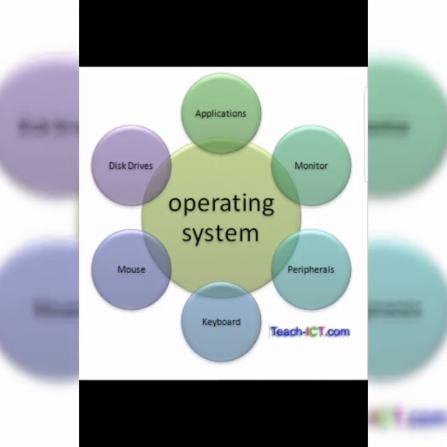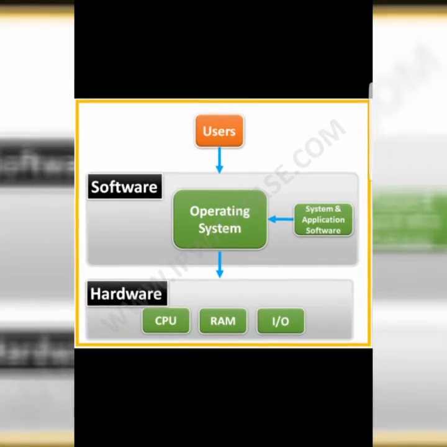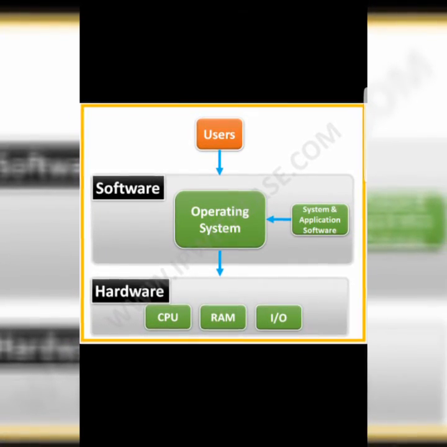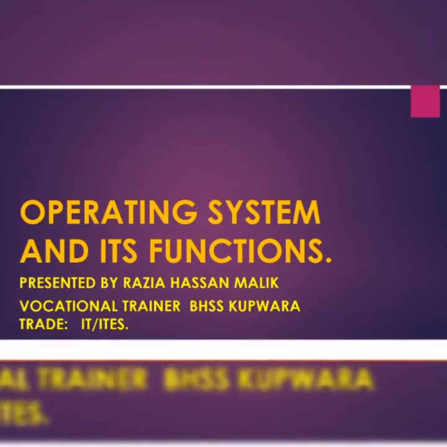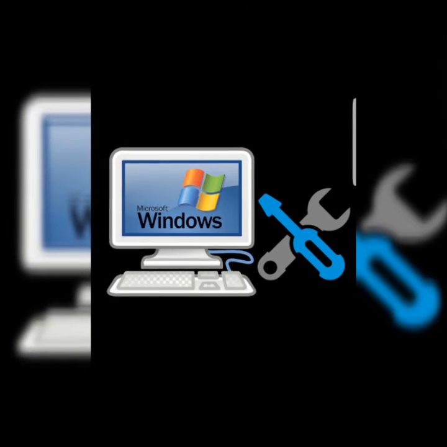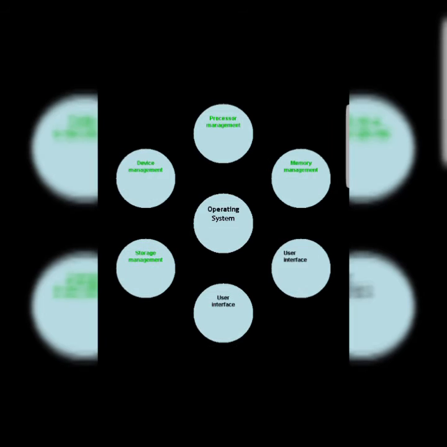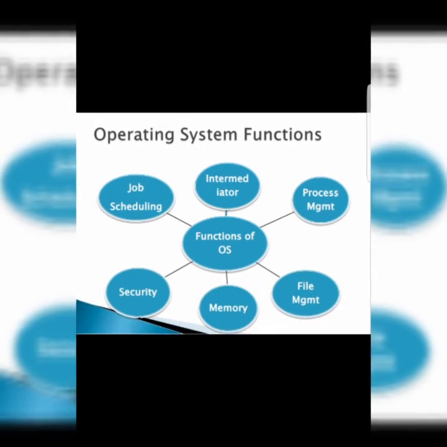Then we have process management. A process is a program which is currently executing in the computer, or in the memory, or which is waiting for the CPU so that it can get its CPU time for execution. In a computer there are multiple processes in the system.